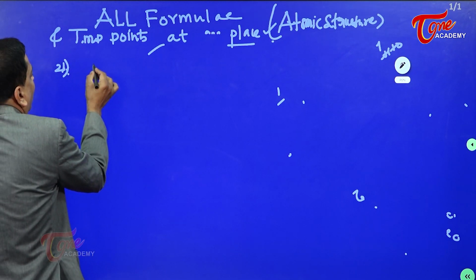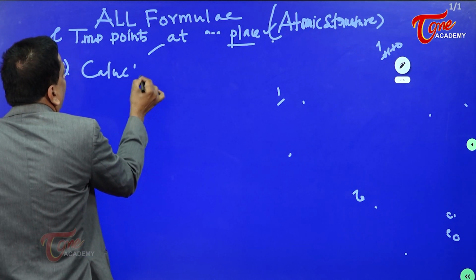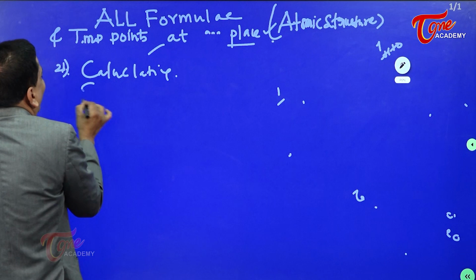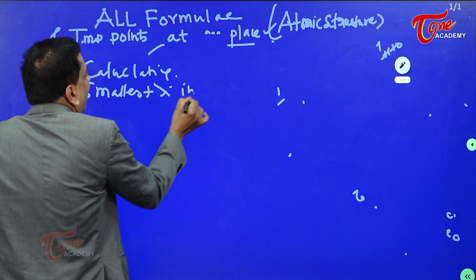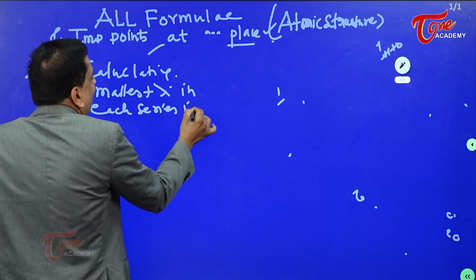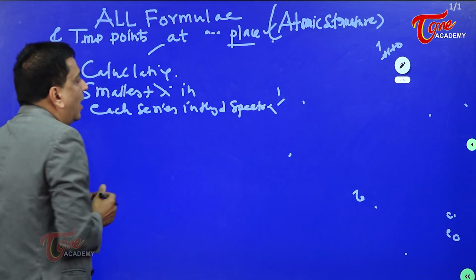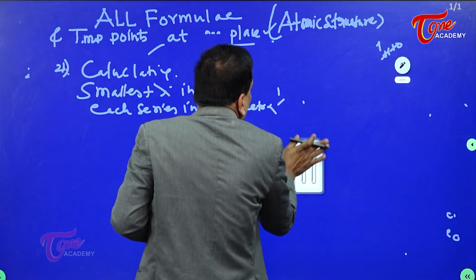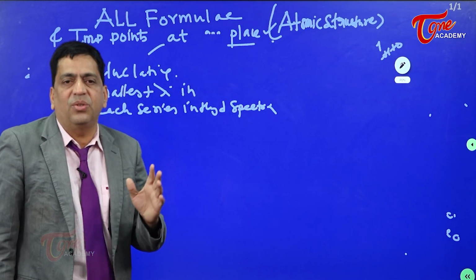It is calculating the smallest lambdas in each series in the hydrogen spectra, to calculate the smallest lambdas in each and every series in the hydrogen spectra.